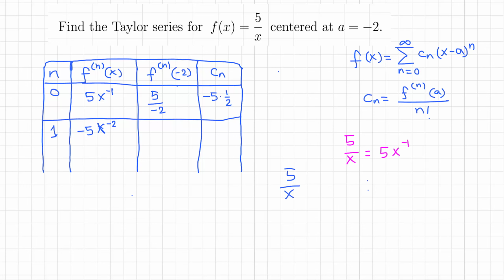This is in fact -5 over x squared. -2 squared is +4, so -5 over 4. And for n = 1 we divide by 1 factorial, which is itself. So I'm going to write this as -5 times 1/4.